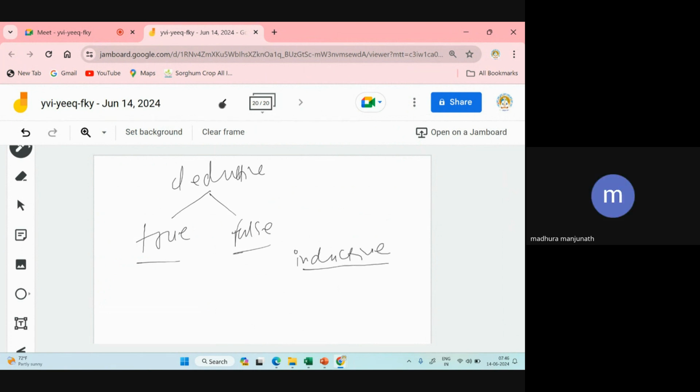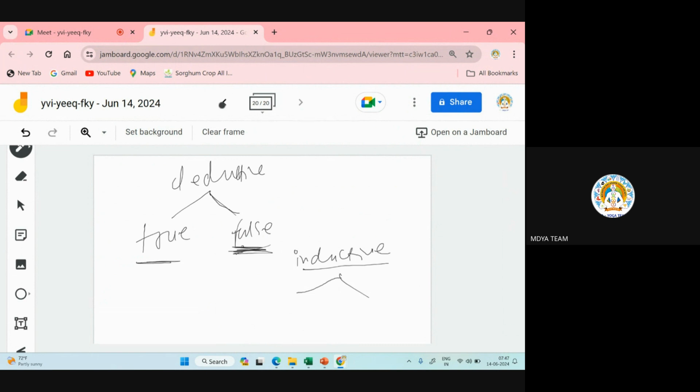Sir, deductive is always true only, sir. No, deductive is always true if the premises are true. And if the premises are false, the conclusion will always be false. So it can be true also, it can be false also. But for an inductive argument, we are never sure whether it is true or false.